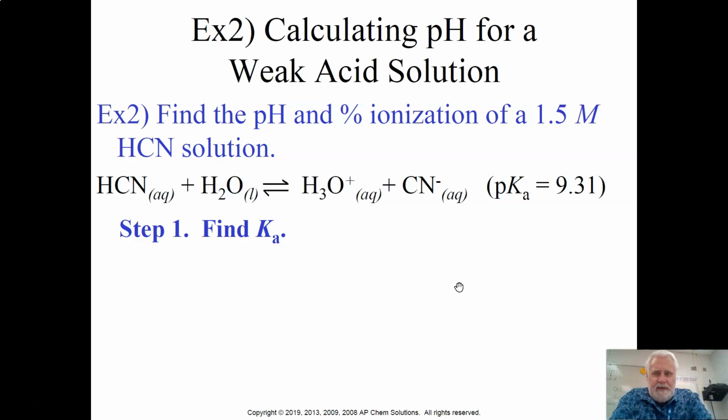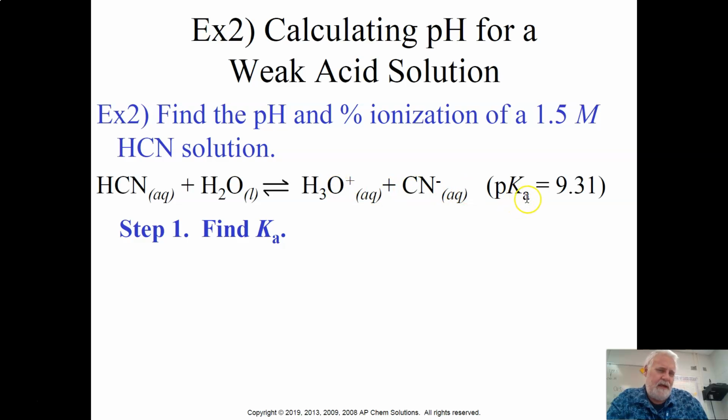we'll continue this by looking at something called percent ionization. So here we have hydrogen cyanide, which you remember from the previous lecture is a very weak acid. So you wouldn't expect this to happen very much at all.